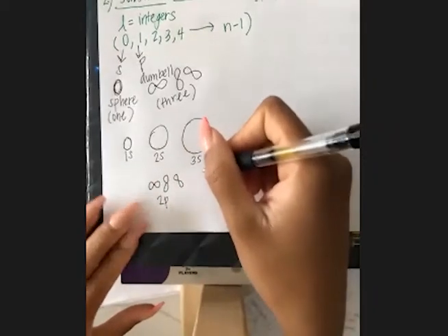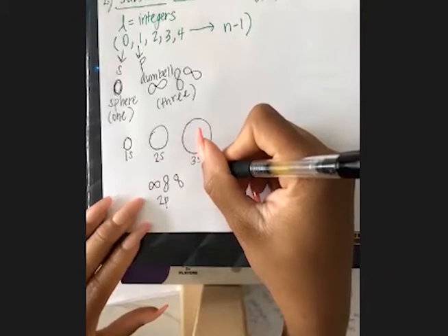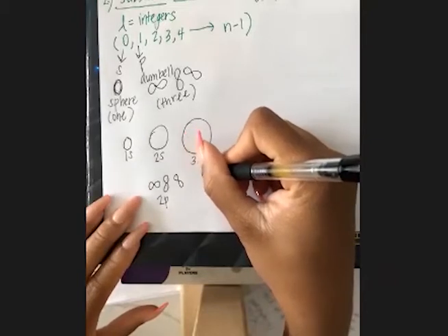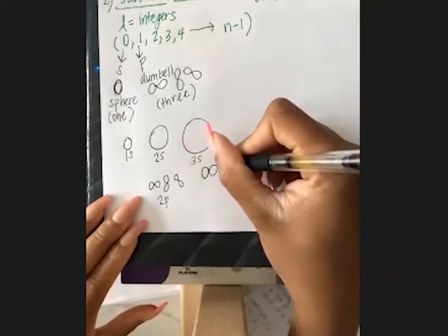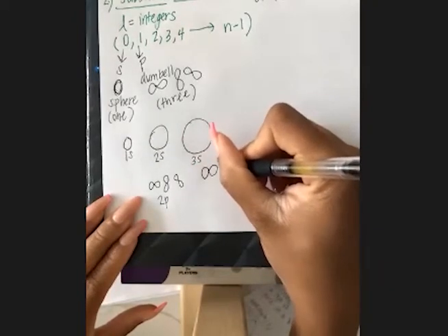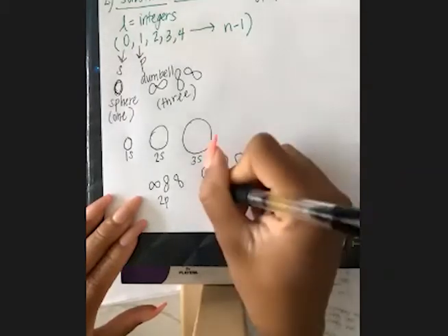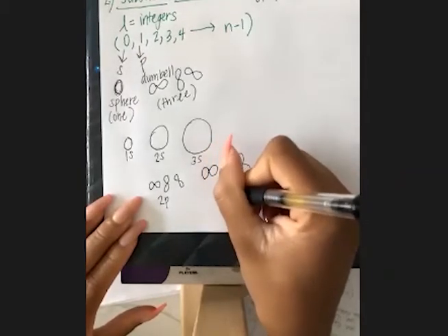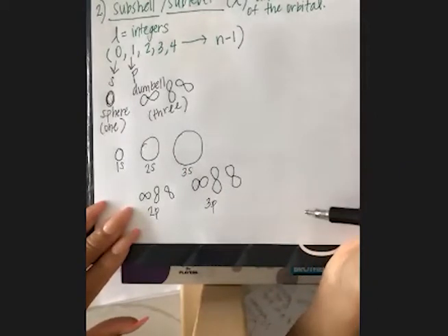When I get to energy level 3, there's going to be 3 p-shaped orbitals, but they're going to be a little bit bigger than the ones in energy level 2. You guys follow what I'm saying with this? We call these the 3p. And you can go on to 4s and 4p, 5s and 5p.